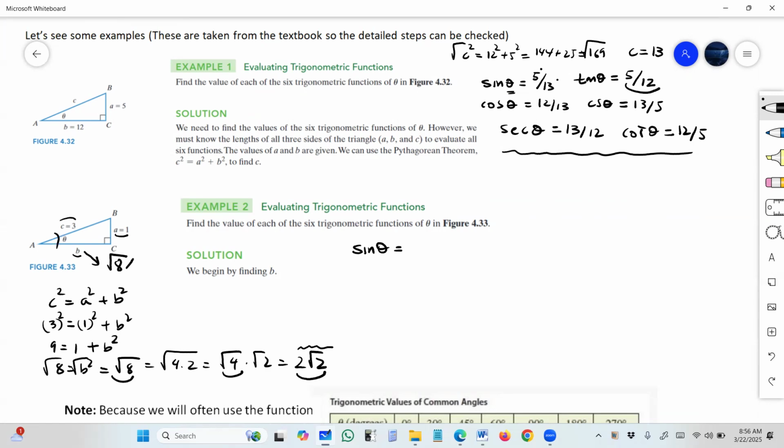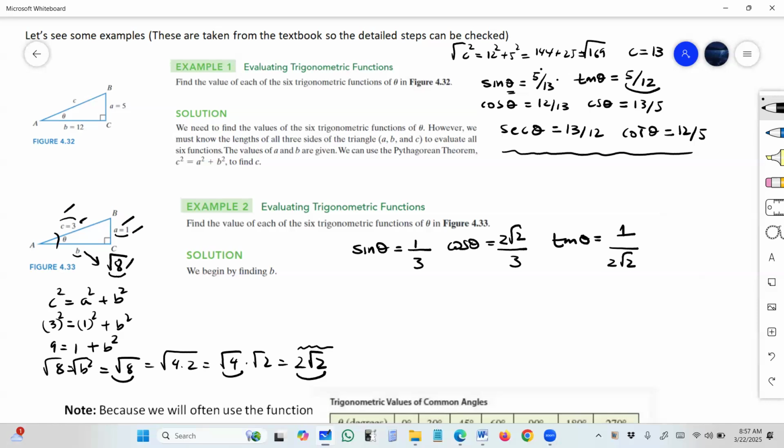So sine, opposite over hypotenuse. Cosine theta, adjacent, you can write radical 8 or 2 square root of 2, adjacent over hypotenuse. Tangent theta, opposite over adjacent.